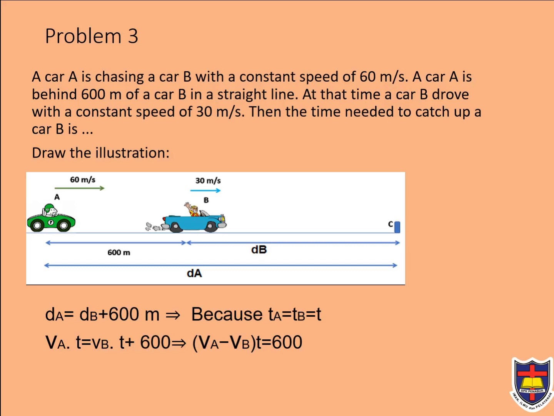So (vA minus vB) times t equals 600. So t equals 600 over (vA minus vB), so 600 over (60 minus 30). So the time is 20 seconds.